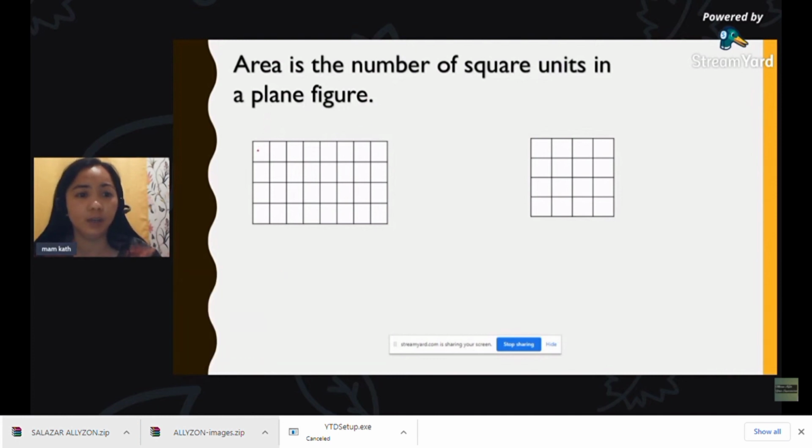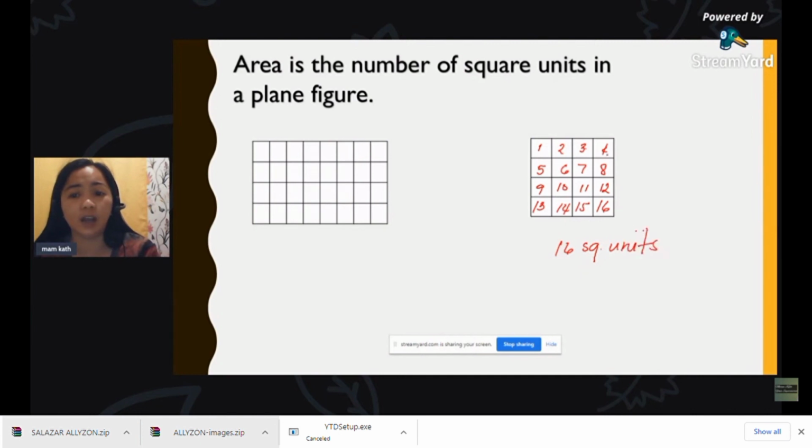So here, pag binilang mo ang square nito, let's start with the square. We have here 1, 2, 3, 4, 5, 6, 7, 8, 9, 10, 11, 12, 13, 14, 15, 16. Therefore, it has 16 square units.